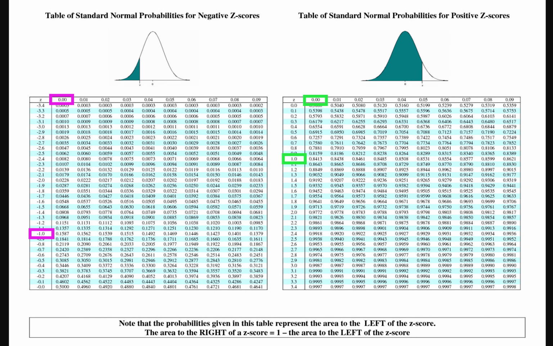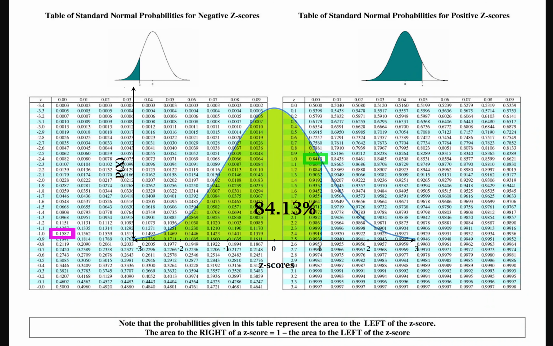What if we want to find the area between a z-score of minus 1 and 1? Well, the area to the left of a z-score of 1 is 84.13%, and the area to the left of a z-score of minus 1 is 15.87%. If I take away the area of 15.87 from 84.13, I am left with the area between minus 1 and 1.